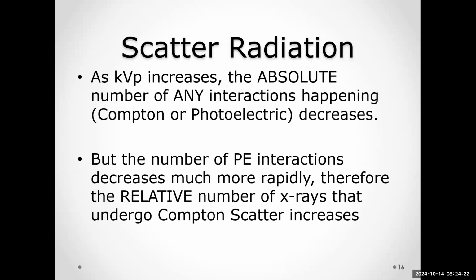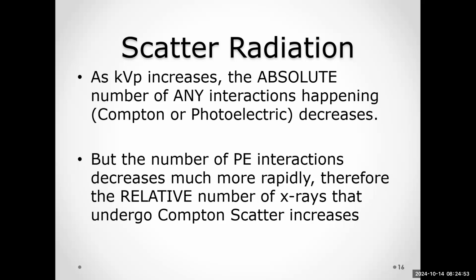If kVp goes up, the chance for any interaction at all goes down, because what is there a greater chance is going to happen if kVp goes up? Penetration. Yes, it's going to transmit through the part without any interactions. Overall, when we talk about increasing kVp, the chance of any interaction at all goes down.